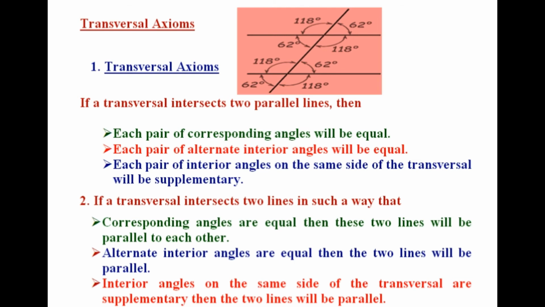Same way, if alternate interior angles are equal, then the two lines will be parallel. If interior angles on the same side of the transversal are supplementary, then we can say the two lines will be parallel. That is just the reverse of axiom 1. Reverse of the axiom. Clear?